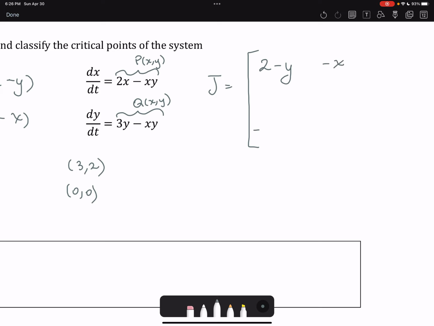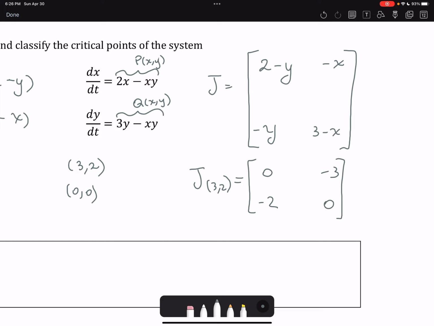Here that's going to be minus y. And here we're going to have 3 minus x. Now we're going to evaluate it at 3, 2. And what are we going to get? Well, we're going to get 2 minus 2, that's 0. Minus x, that's going to be minus 3. And minus 2. And 3 minus 3, that's going to be 0.